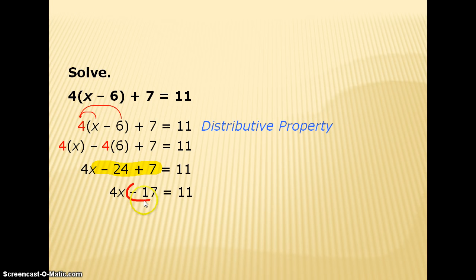So we end up with a negative 17 when we think of this as an individual problem. From here, when we're at 4x minus 17 equals 11, we would start by adding 17 to both sides, so that 4x equals 28. Divide both sides by 4, and get x equals 7.